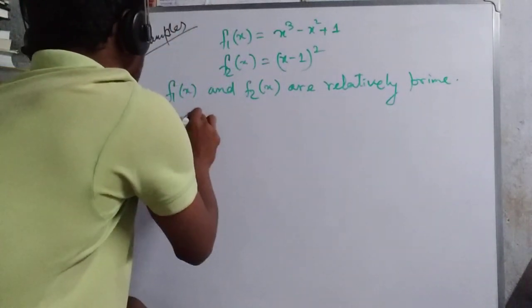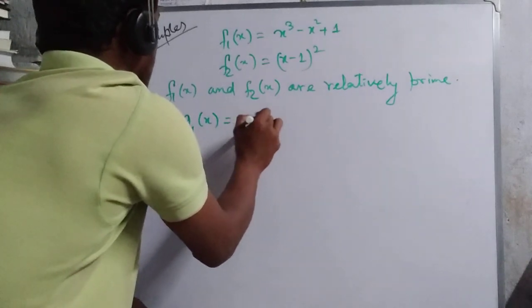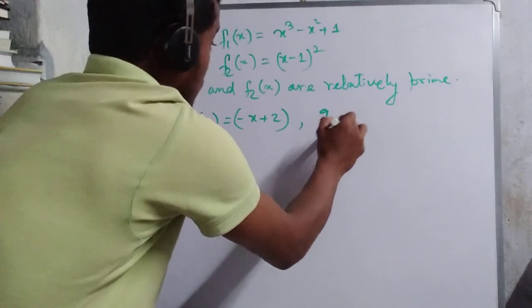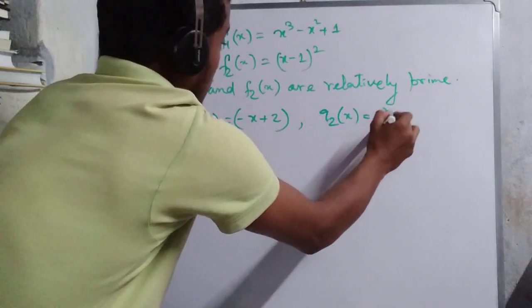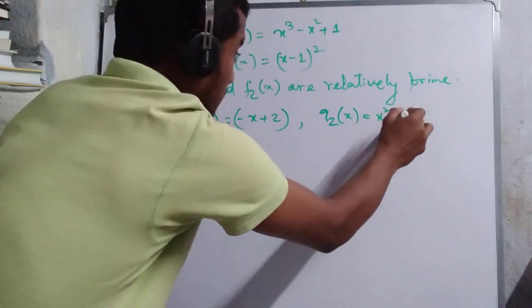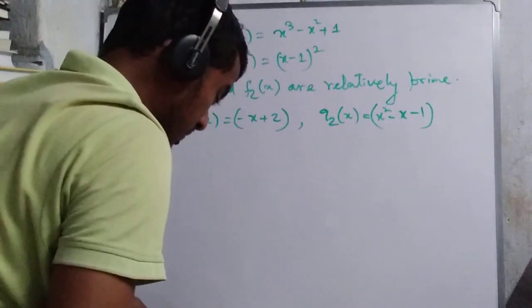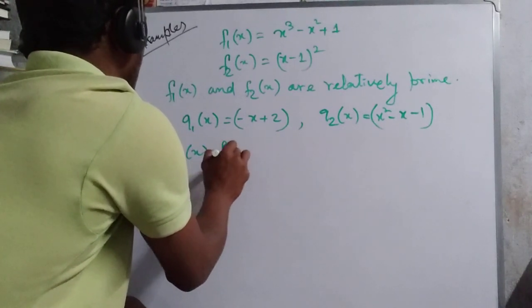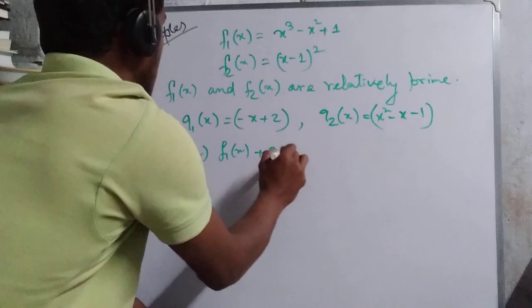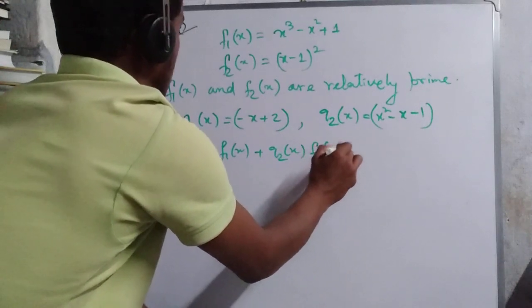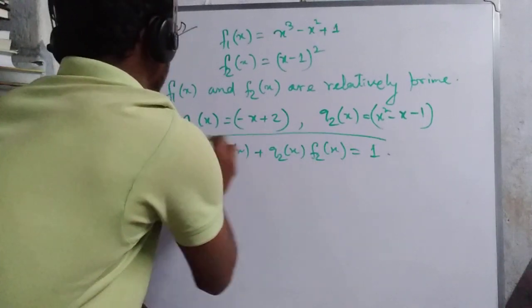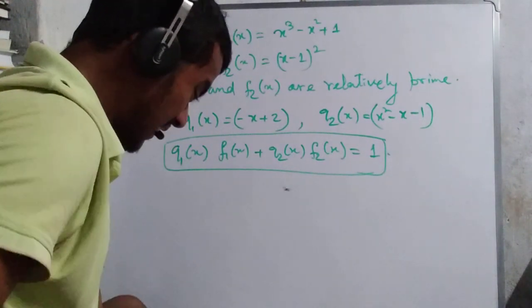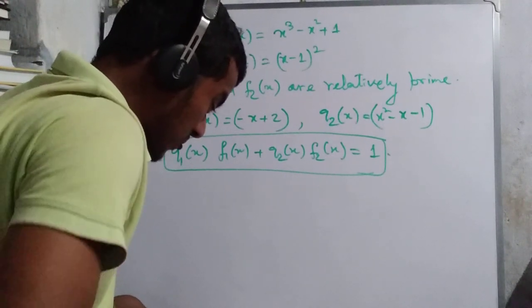Then we take q1(x) equal to minus x plus 2 and q2(x) equal to x squared minus x minus 1. Then q1(x) f1(x) plus q2(x) f2(x) equals 1.